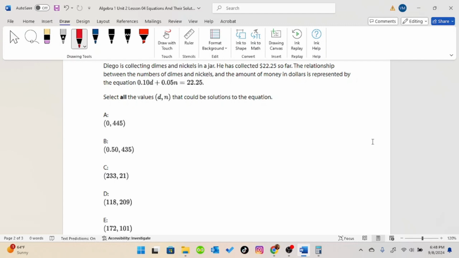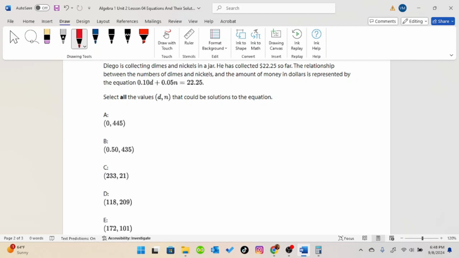The relationship between the number of dimes and nickels and the amount of money in dollars is represented by the equation 0.10 times D plus 0.05 times N equals $22.25. Select all the values of D and N that could be solutions to the equation.